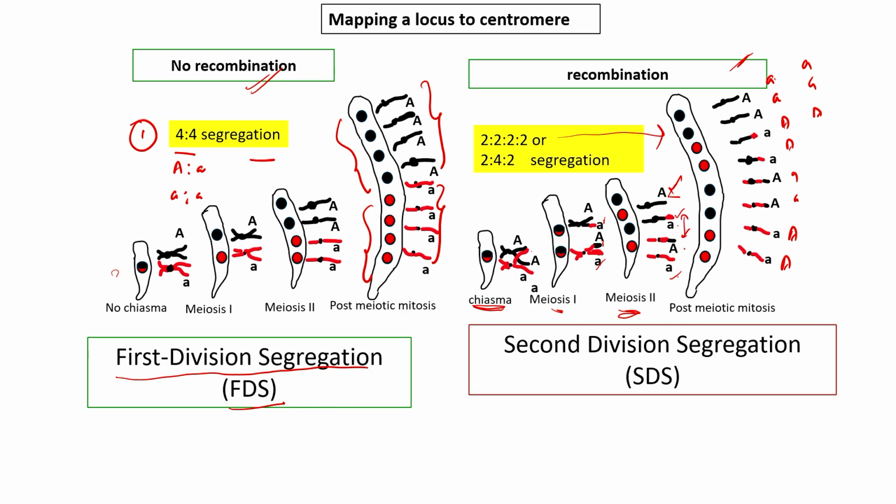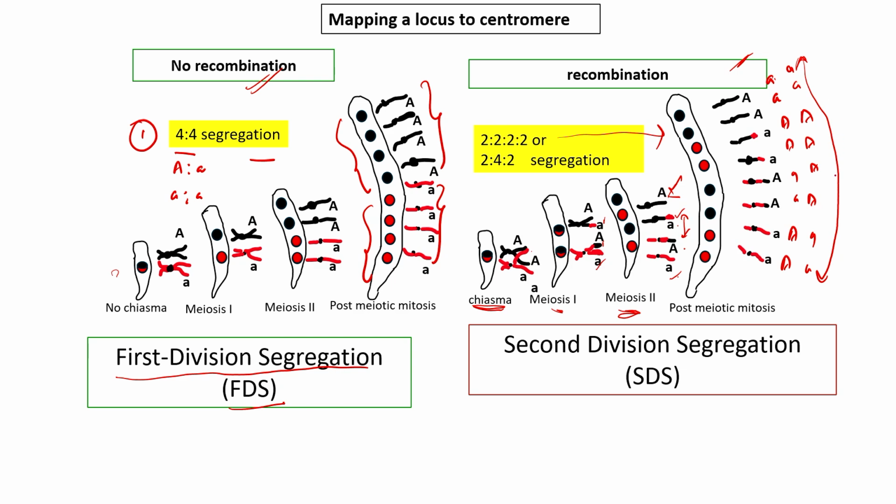So like, you know, if this is the other way around, then you will have a combination of A, a and a, A, right. So there are different possibilities of getting the orientation of spores in the ordered arrangement within the ascus, right.